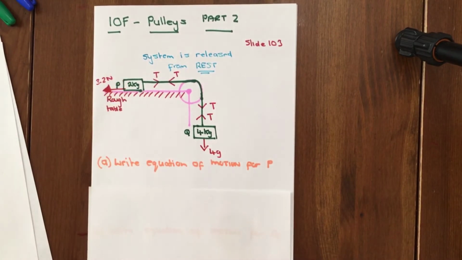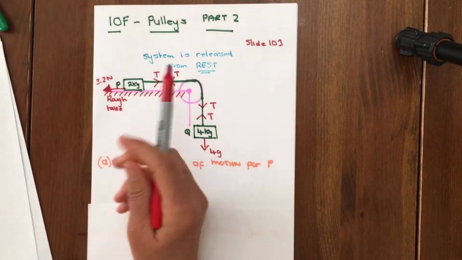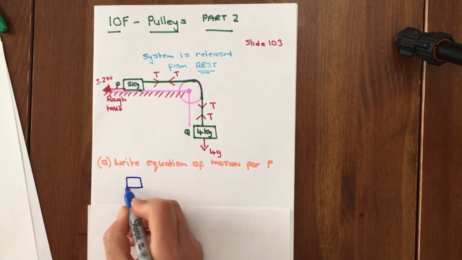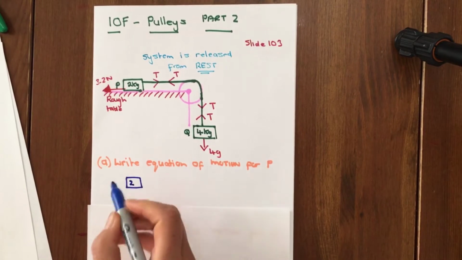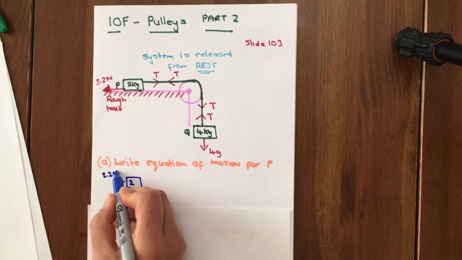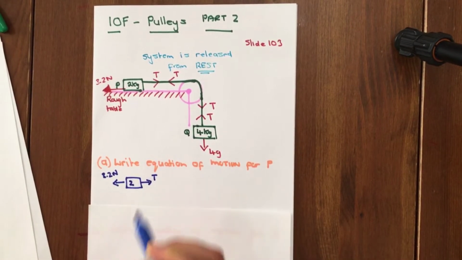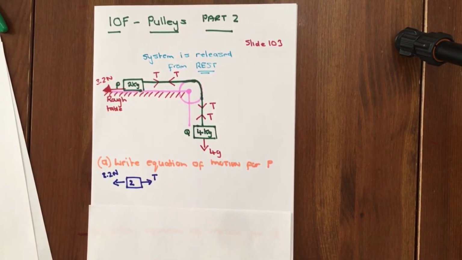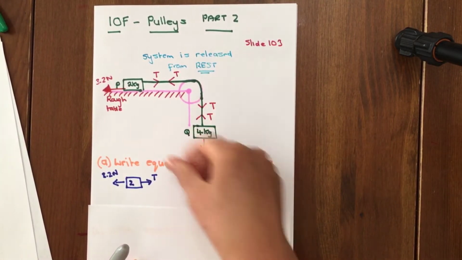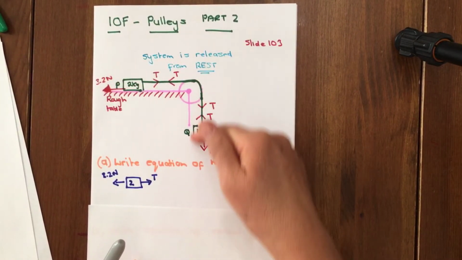Right, write an equation of motion for P. I'm just going to look at this section of P here. If I just draw this out again, you don't need to do this, but this is just for my teaching purposes. So if you've got 3.2 newtons this way, and you've got T that way. We know that this weight is heavier than this weight, so the whole system is going to move this way.